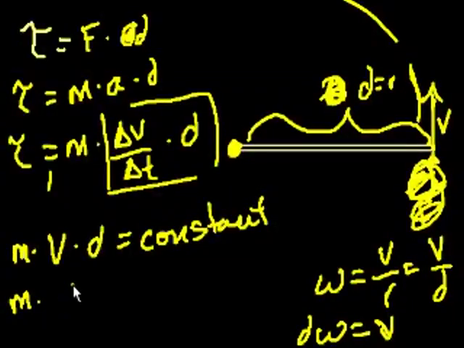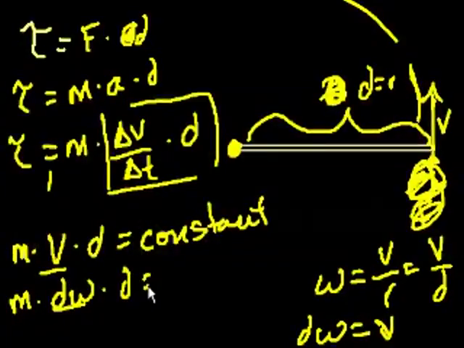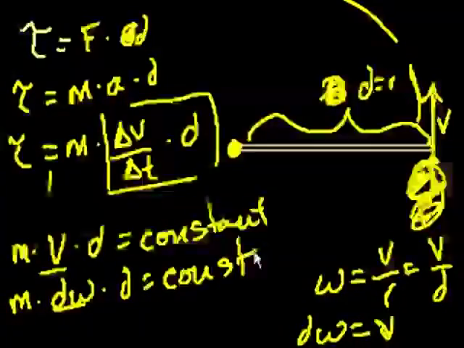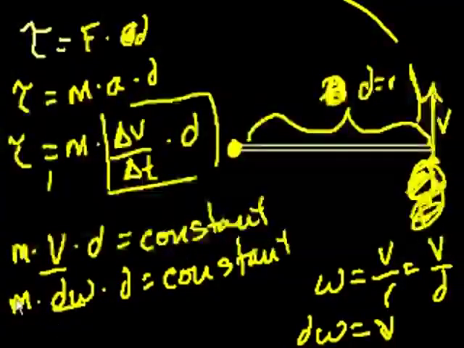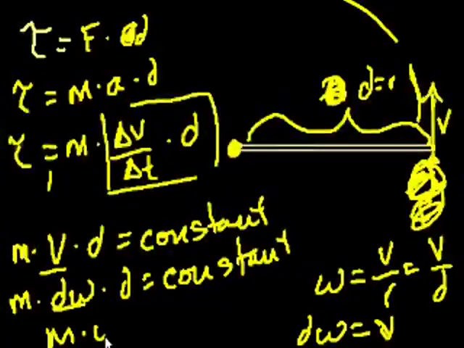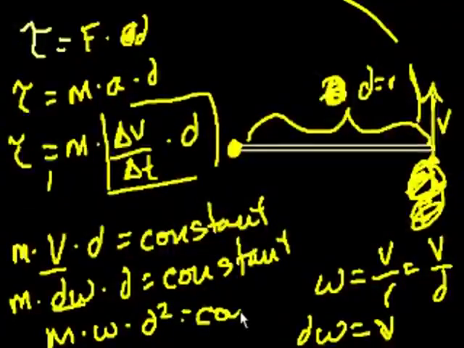M times dw, I just replaced the v, times d is equal to a constant, assuming that we have no net torque on the system. And that gets us m times the angular velocity times d squared is equal to a constant.